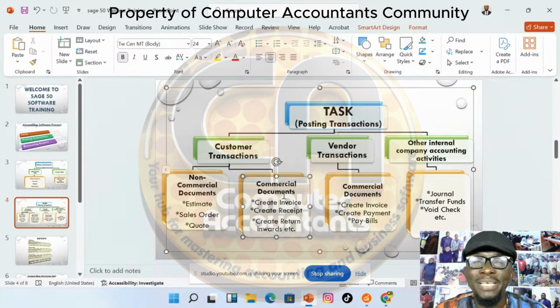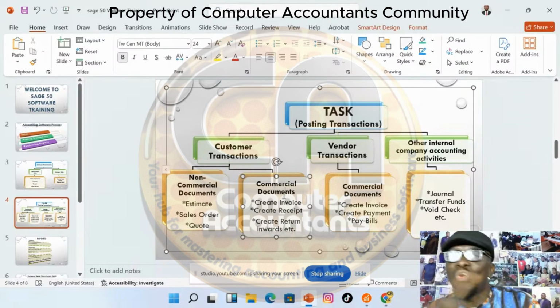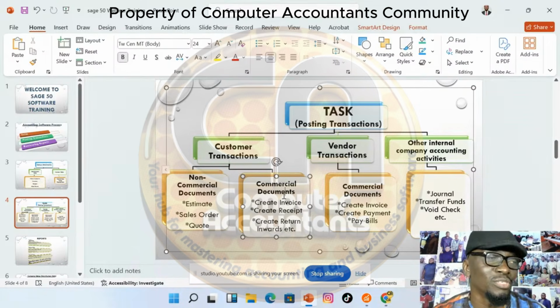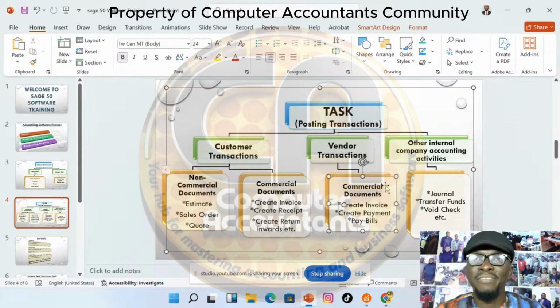Whenever a business exchanges commercial documents, automatically the books of account are activated because that information goes straight into the books of account, into the ledgers and every other thing. Then on the side of the vendors, you receive invoices from them. Basically, you receive commercial documents from your vendors, like the invoice, the payment, the pay bills, and the rest.